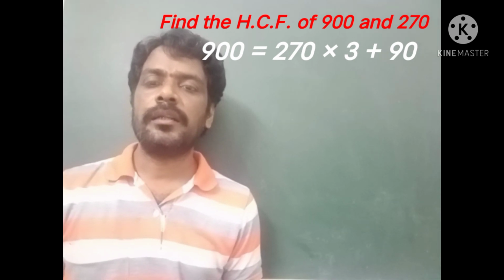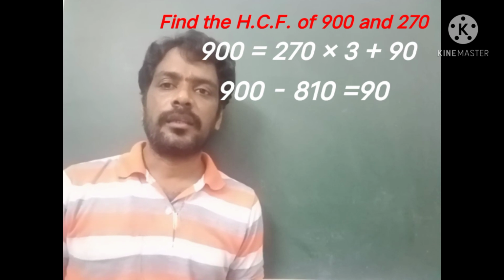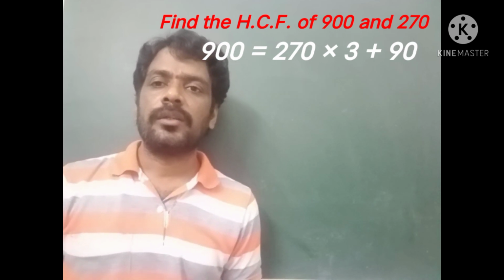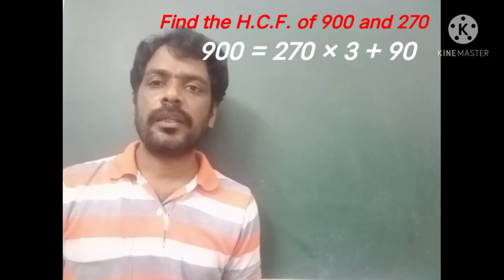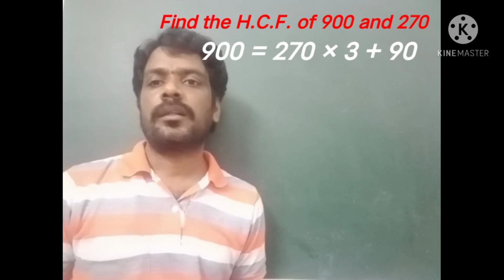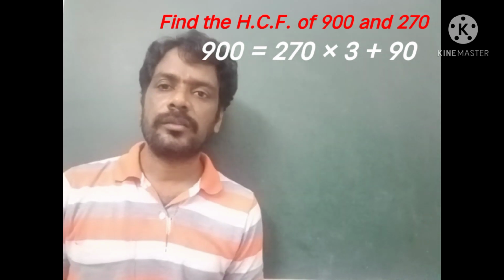In 900, removing 810 means the remainder is 90. So we can write it as 900 is equal to 270 into 3 plus 90. Here we got the remainder as 90.